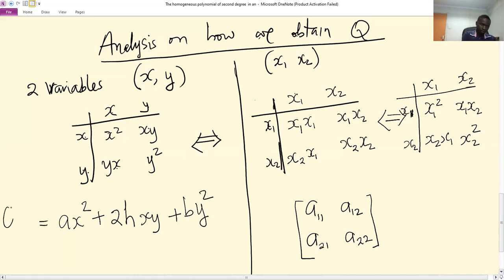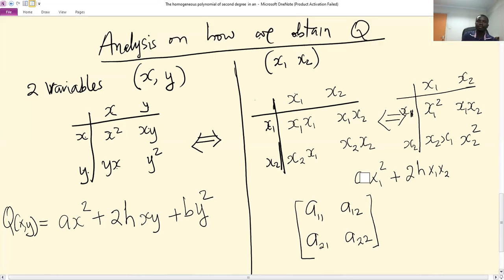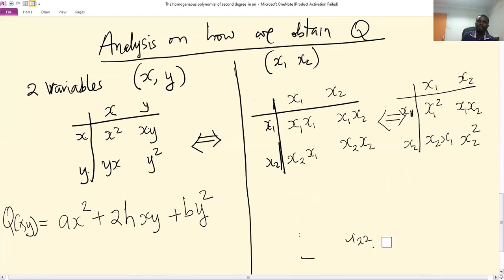So this is q of x, y. If you use this notation, you'll have a x1 squared plus 2h x1x2, since x1x2 and x2x1 are the same thing. Or we can use the coefficients, so that we have some consistency in labeling.